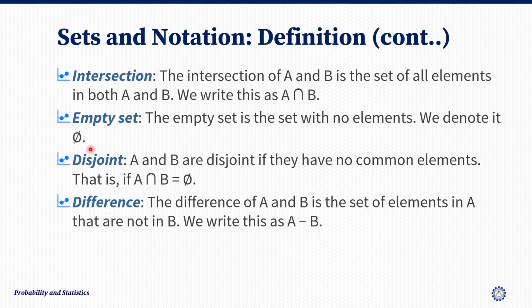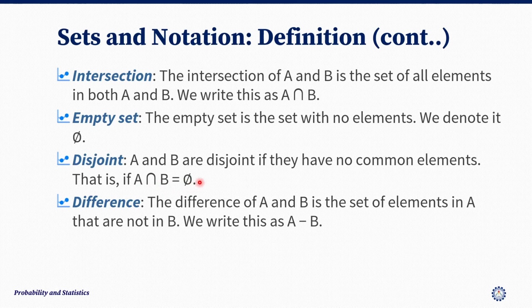The empty set is the set with no elements. We denote it with this symbol, a zero with a diagonal line. We also have disjoint sets. A and B are disjoint if they have no common elements. We write that as A intersection B equals the empty set.